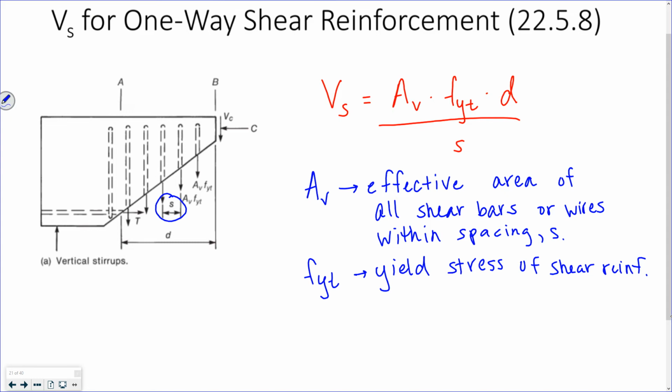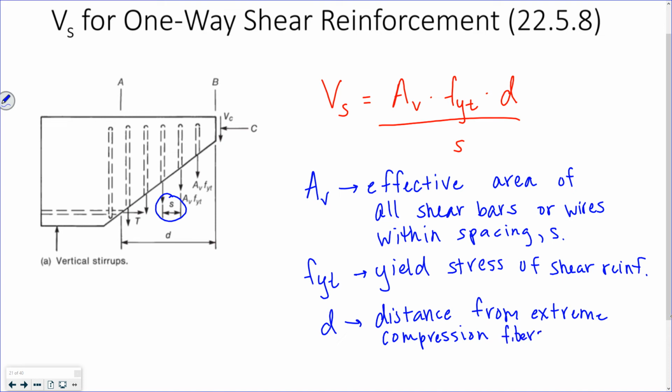d is what it's been before. Distance from extreme compression fibers to the centroid of your longitudinal reinforcement, right?